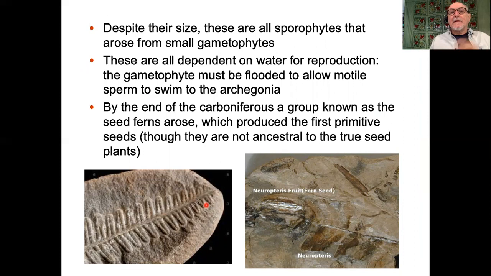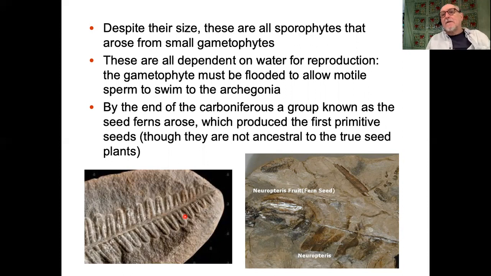So here is one of the groups that we are particularly interested in, the pteridophytes. This looks like an ordinary fern. They arise towards the end of the Carboniferous. And it's a particular group of these ferns that we no longer have any living representatives of. We only see them in the fossil record.